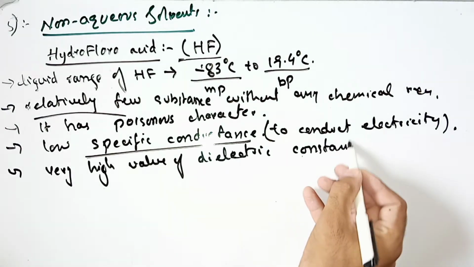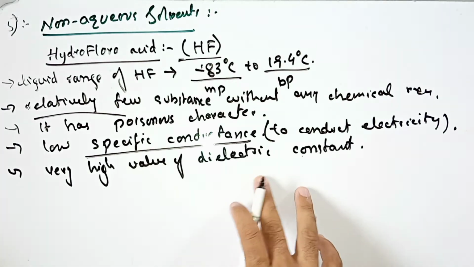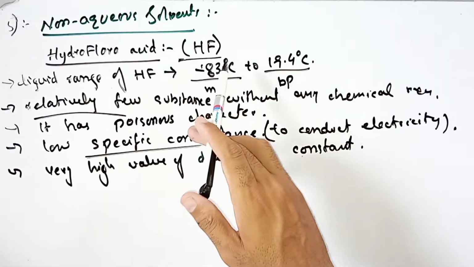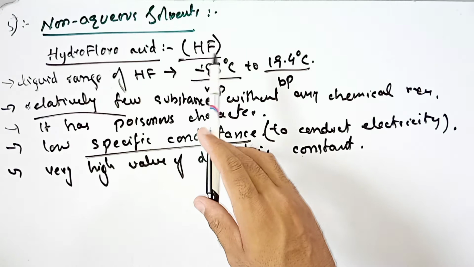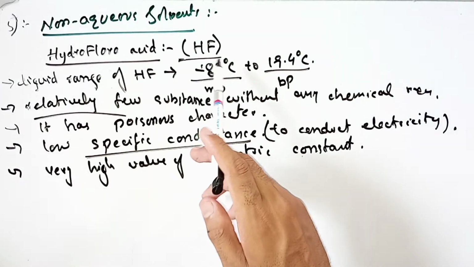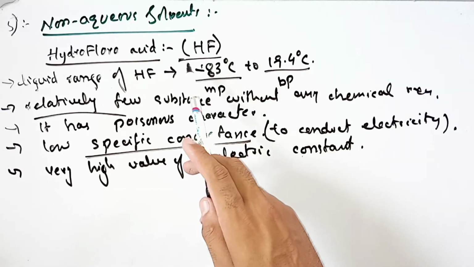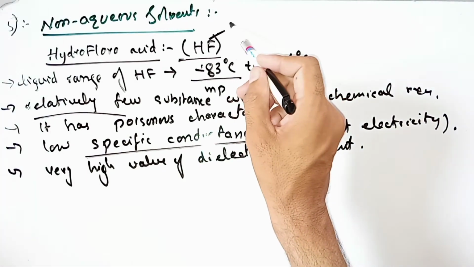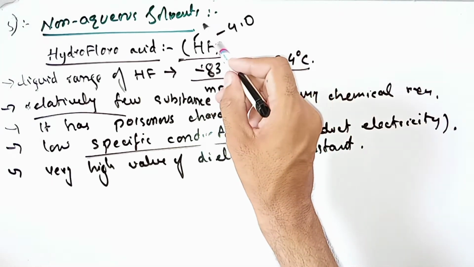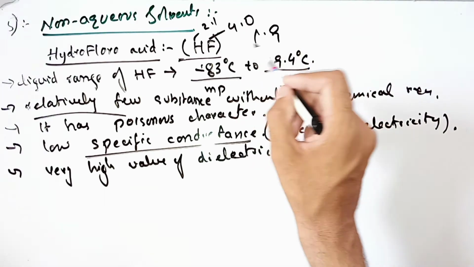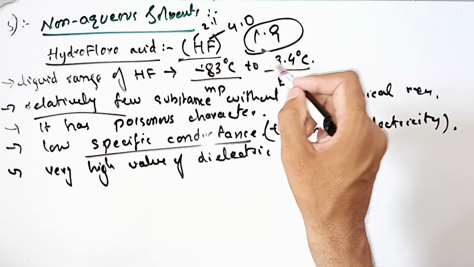It has a high dielectric constant because it can form hydrogen bonding, and it has high polarity. The electronegativity difference between hydrogen and fluorine is very high: fluorine has electronegativity 4.0 while hydrogen is 2.1, so the difference is about 1.9.